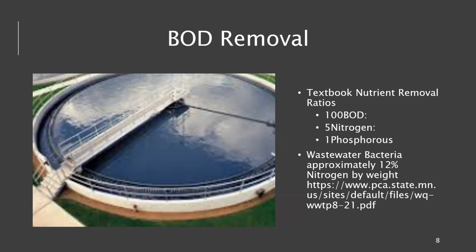And so generally for about 100 parts BOD that's treated, you're going to take up about 5 parts nitrogen, as the bacteria are either using ammonia or nitrate, which also can be used as a nutrient. And it becomes part of the new bug mass, and we remove some of the nitrogen just through wasting of the solids.